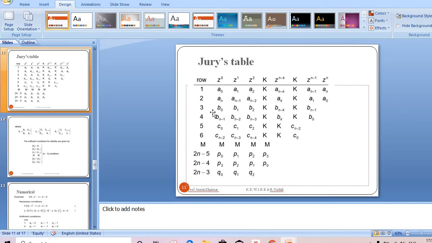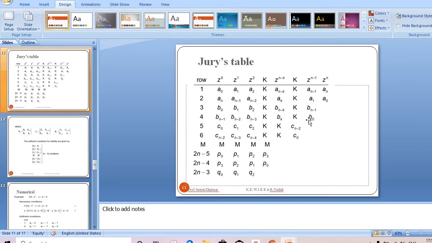Then we will write the third row. We have to find coefficients B0, B1, B2 up to Bn minus 1. If n is assumed as 4, it will be up to B3, so you have to find B0, B1, B2 and B3. Again the fourth row is the reverse of the third row, so it will be B3, B2, B1 and B0.